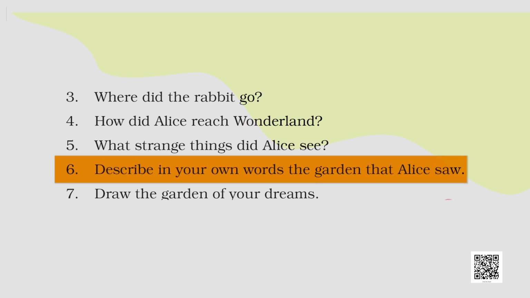Question number 6. Describe in your own words the garden that Alice saw. Think of all the beautiful things that Alice would have seen in the garden: the flowers, fountains, the birds, the butterflies, the bees, and many more things.